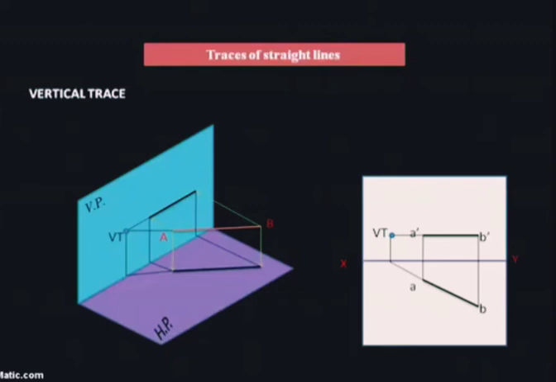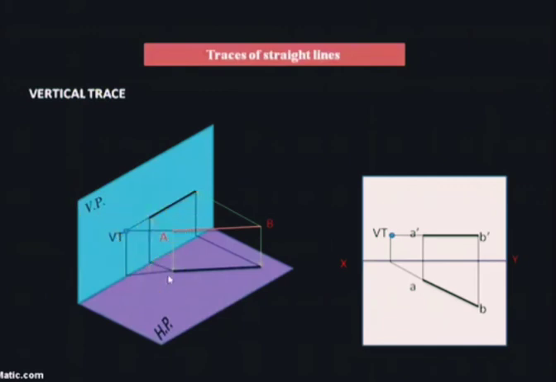In later classes we will discuss real-time problems, like when the straight line is inclined to both planes. In those cases I will explain how to represent the horizontal trace and vertical trace, without giving the orthographic view directly.